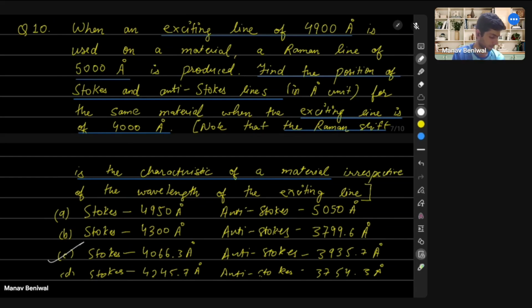Even in laboratories today, Raman spectroscopy is one of the best techniques people use to characterize a material, because this Raman shift is like a fingerprint of a material, and it is independent of the wavelength of the exciting line. So this tells you about different molecules present in your system, because all of them will produce a characteristic Raman shift.